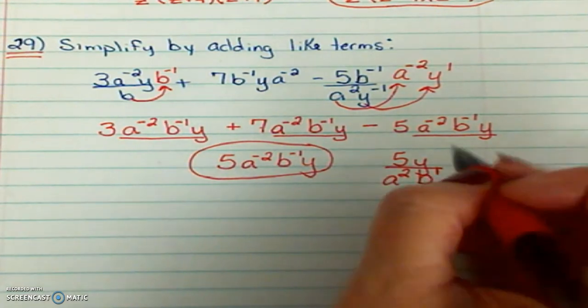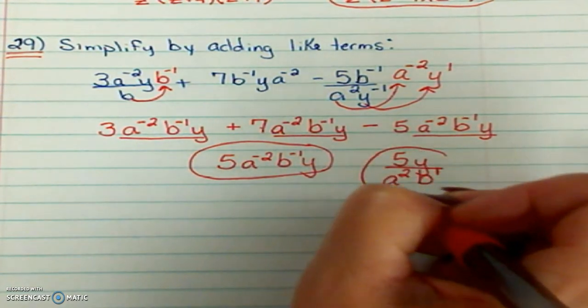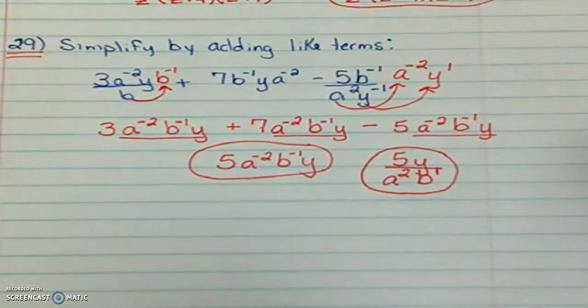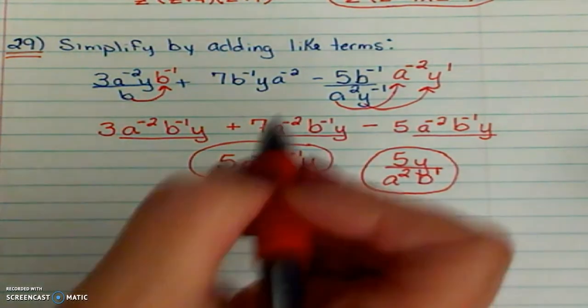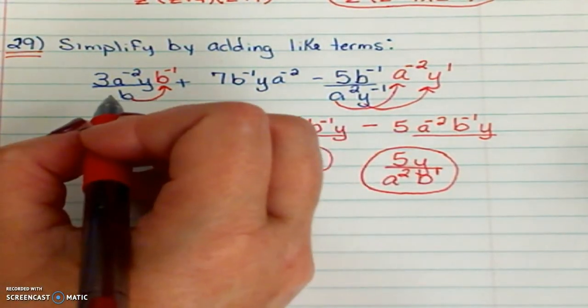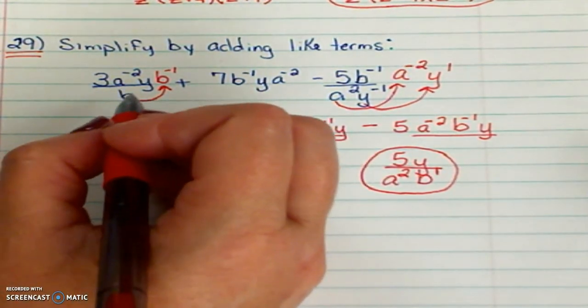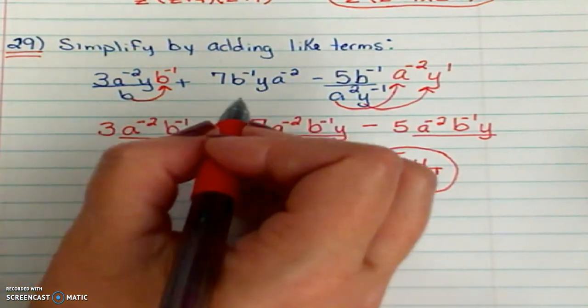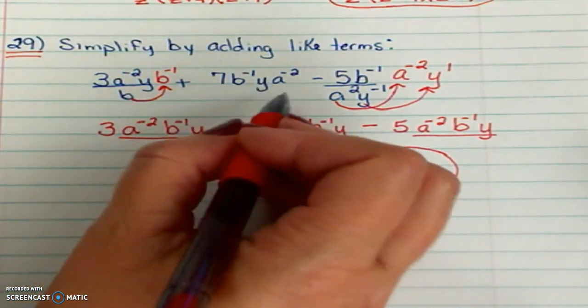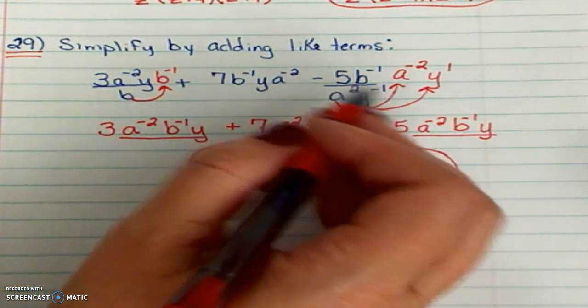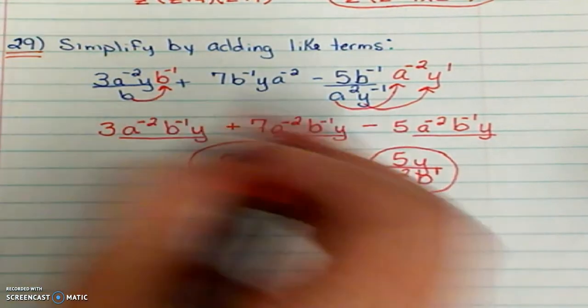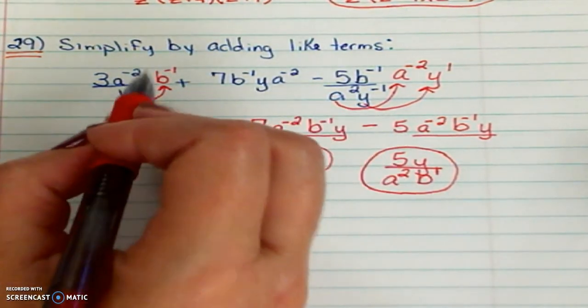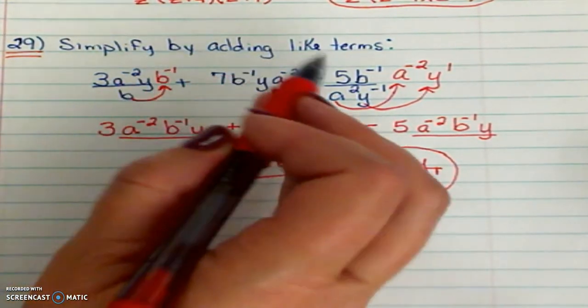My b and y are kind of overlapping there and it's hard to read, so if I were doing that to turn in or something, I would rearrange that. But don't just sit here and get a common denominator of a squared y to the negative first b, a squared y to the negative first b, a squared y to the negative first b. Don't get the common denominator for the problems that say simplify by adding like terms.